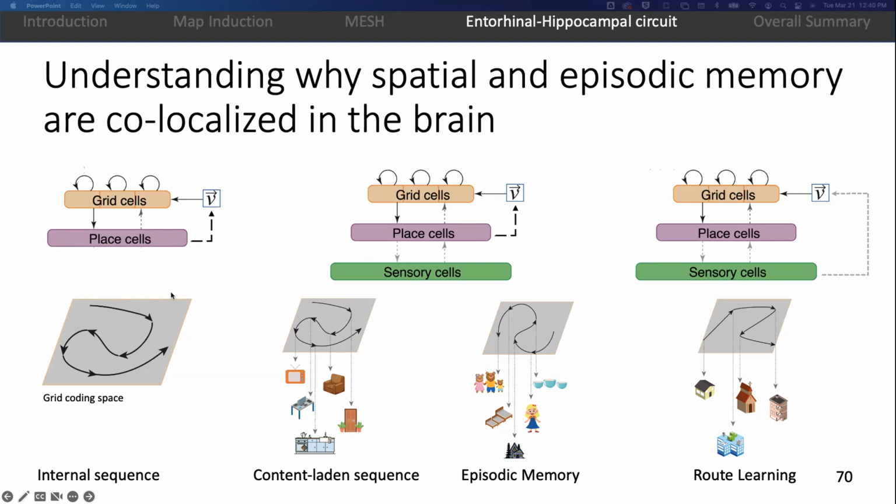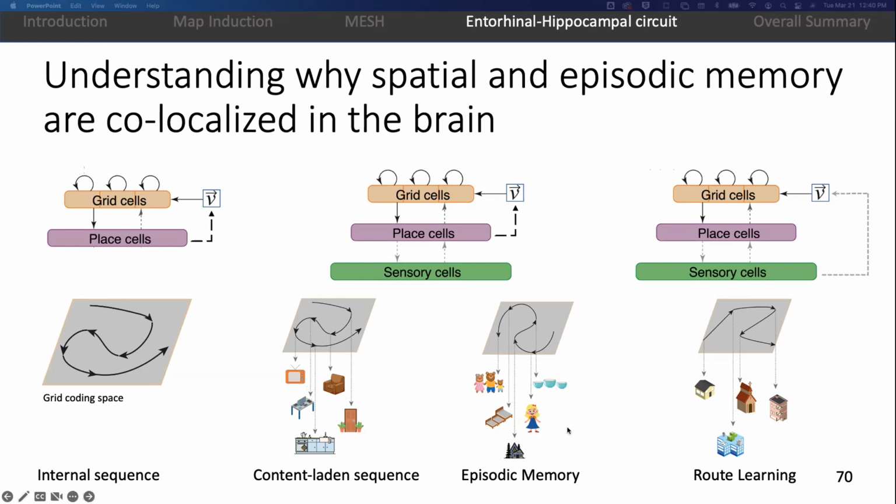Once you have this internal sequence, you can have arbitrary landmark cues associated with it. This allows you to construct internal sequences that could be used to represent paths in 2D spaces, which we call content-laden sequence. Or you can also use this internal sequence to encode things like episodic memory, which are also sequences in time.